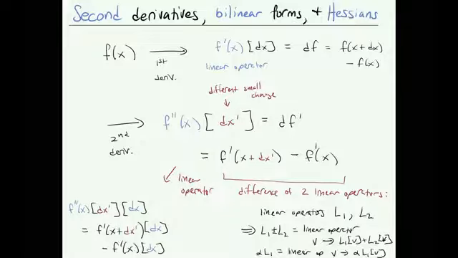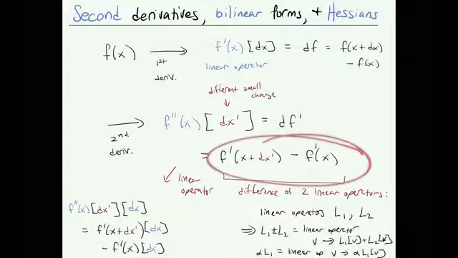Does everyone see this? This f double prime is just copying down the formula for the derivative, except applying it to f prime. This is the linear operator you get when you take the original linear operator at a slightly shifted x, minus f prime of x.